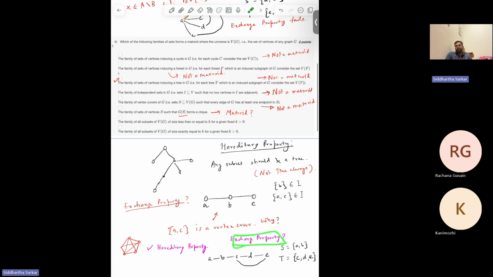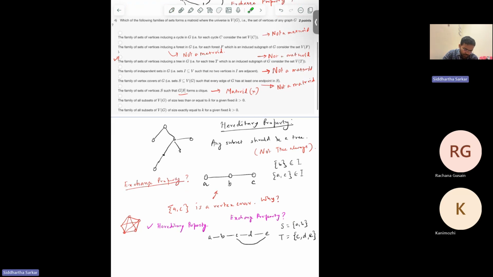So the exchange property fails. So again, we have failed to find a matroid. We conclude that this is not a matroid. Okay, so we can go to the next one.